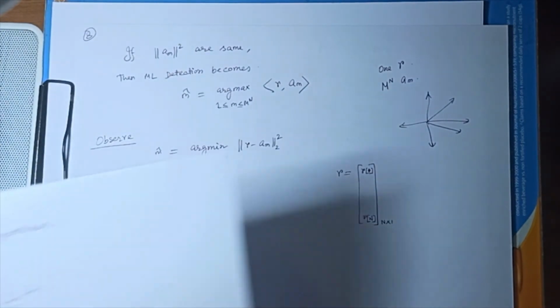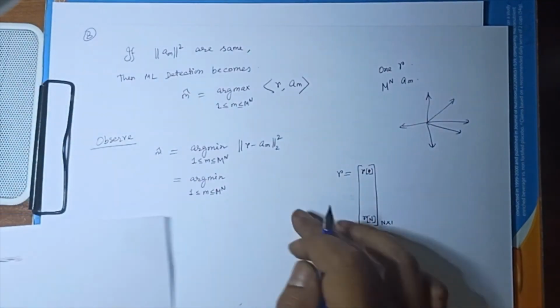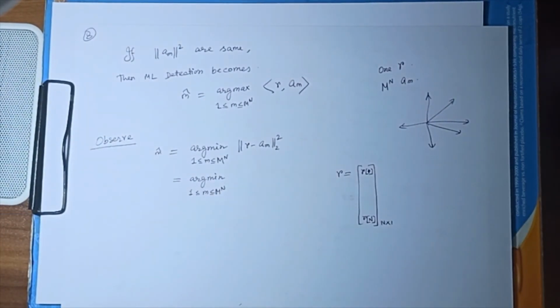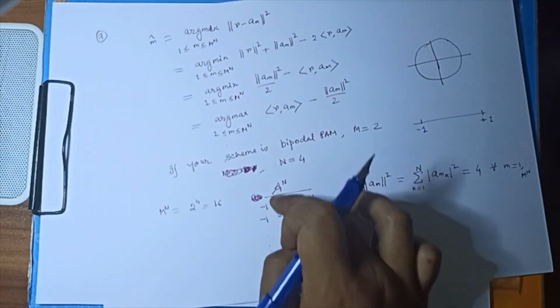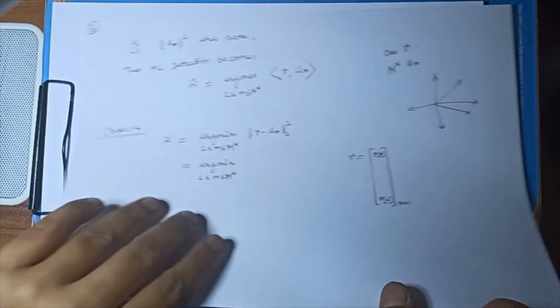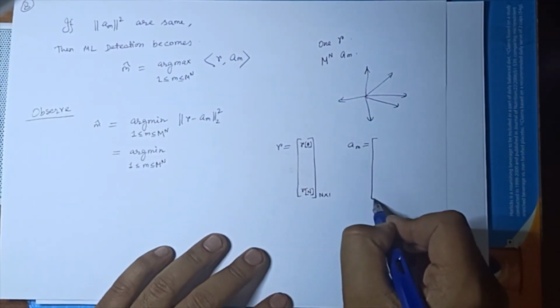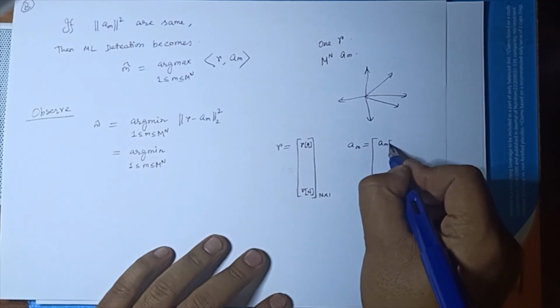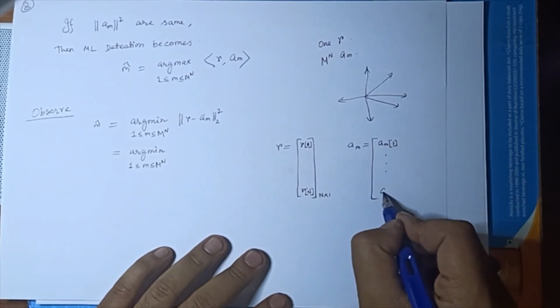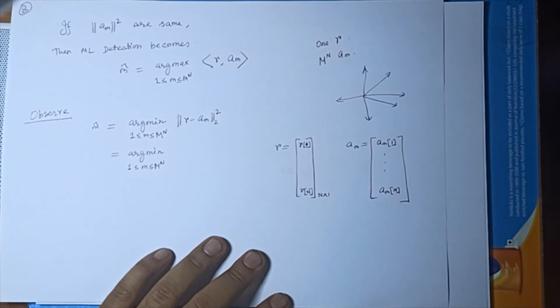Similarly, this is the source, but after adding the noise you receive this vector. Now am is one of those vectors, like here you have seen 16 vectors. So one of those vectors, am, will also look like this. It will have a form like this: am1 up to amn.